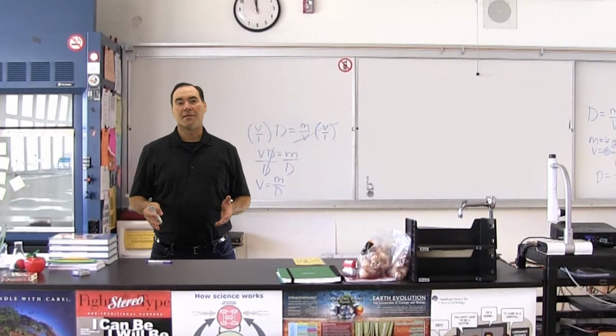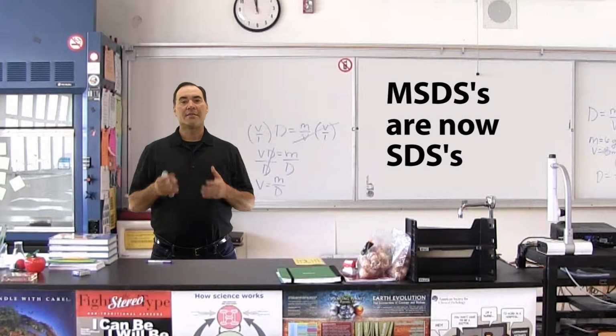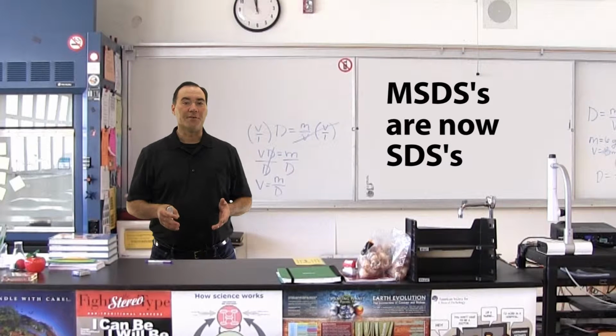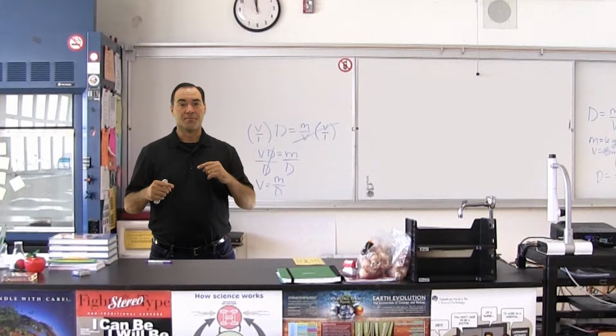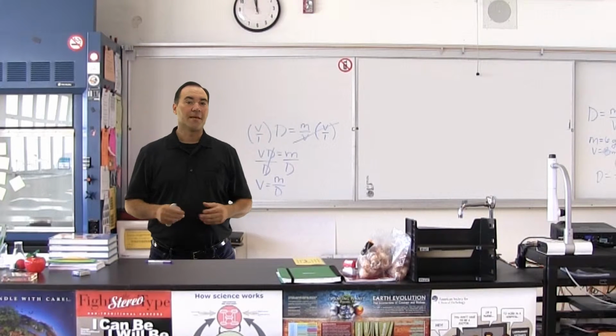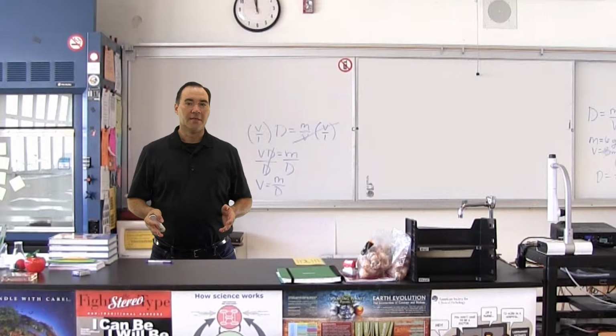You're probably familiar with MSDSs, or Material Safety Data Sheets, but under the GHS regulations, these MSDSs will now be referred to as Safety Data Sheets and follow a predefined format containing 16 sections. GHS also changed labeling components and requirements. This standardization will make it much easier to find the information you are looking for, especially when going from one chemical to the next.